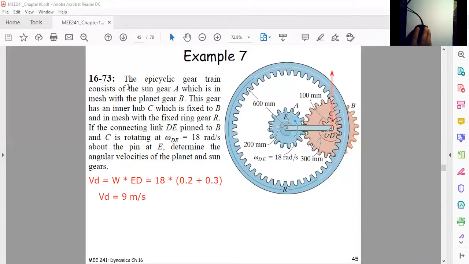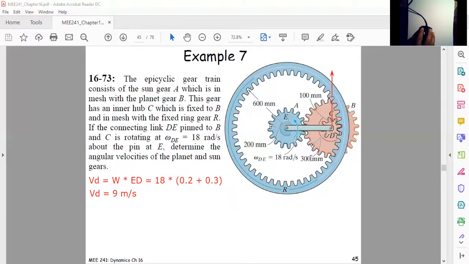Okay, very good. So next we would like to find the angular velocity of the planet. How do I find it? We can choose another point on this planet, and we have the VD now, and we apply the same formula.